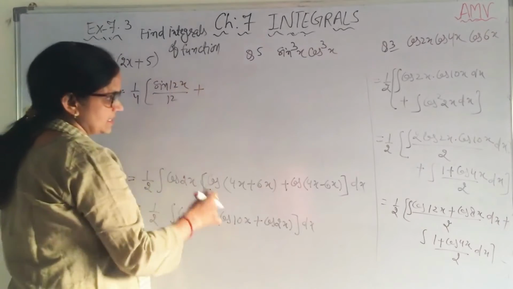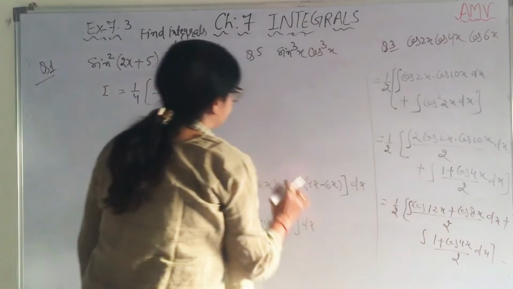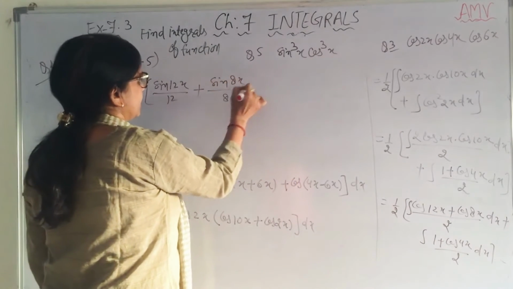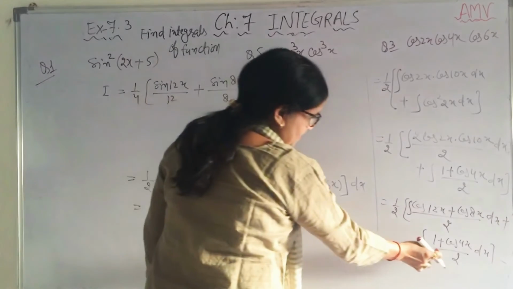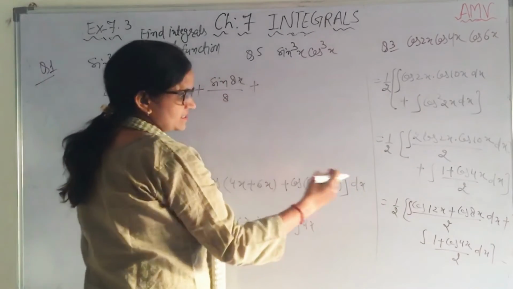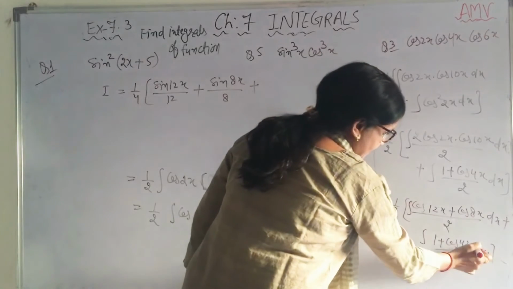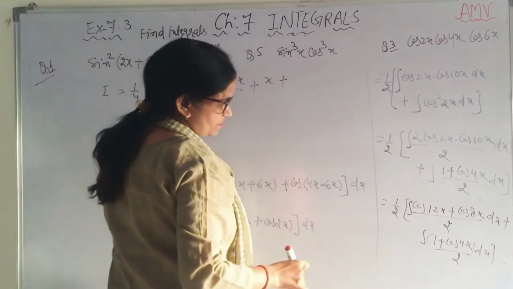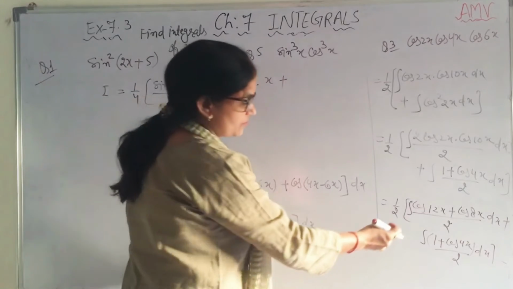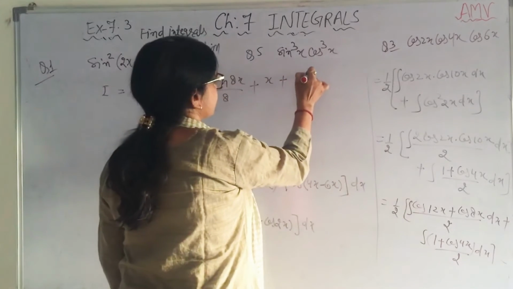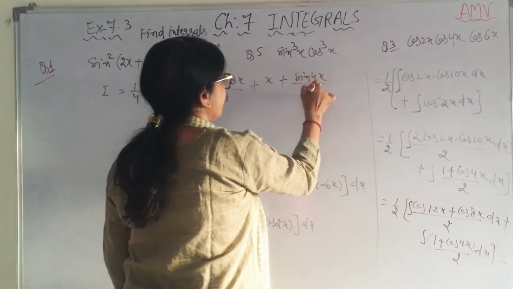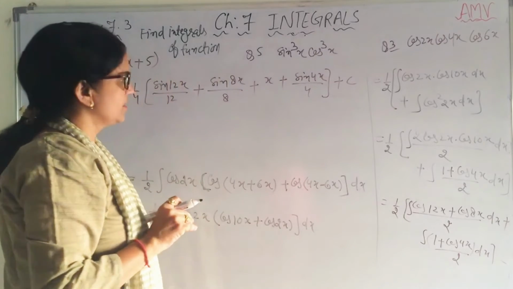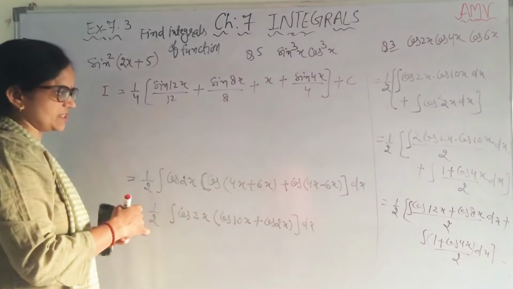Then plus integration of cos 8x is sin 8x by 8, plus integration of 1 means dx, since here it is dx in the multiplication, so it's x, plus integration of cos 4x is sin 4x by 4. At last write plus c. So this is the answer of this question.